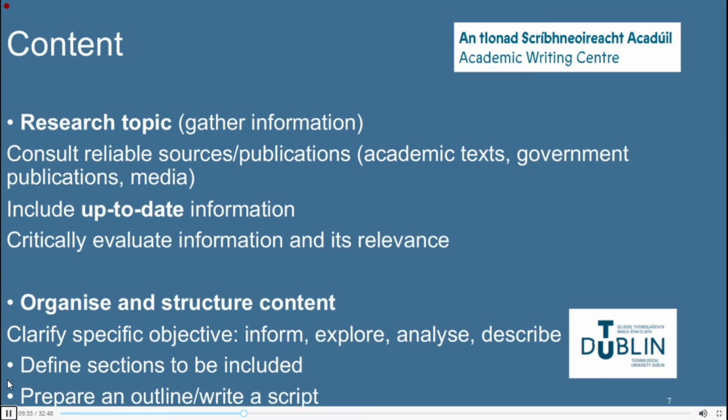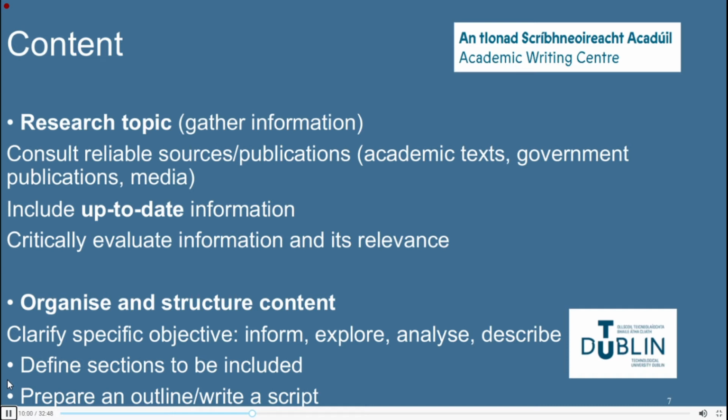In relation to the content to be included in the presentation, if you're starting afresh, it is important to gather information, to research the topic thoroughly. And in order to do that, you are advised to consult reliable sources and publications, academic texts, government publications.